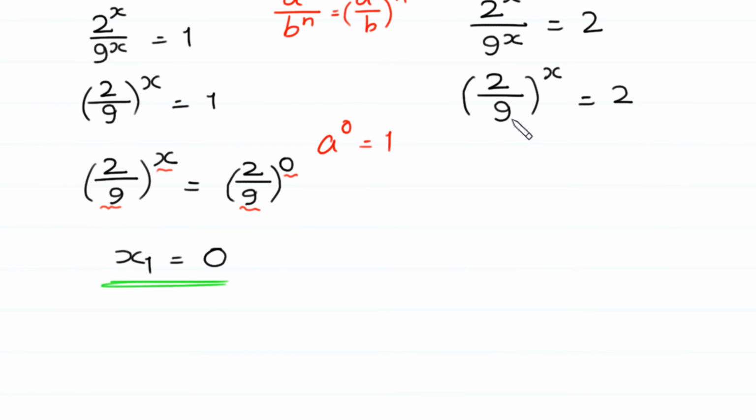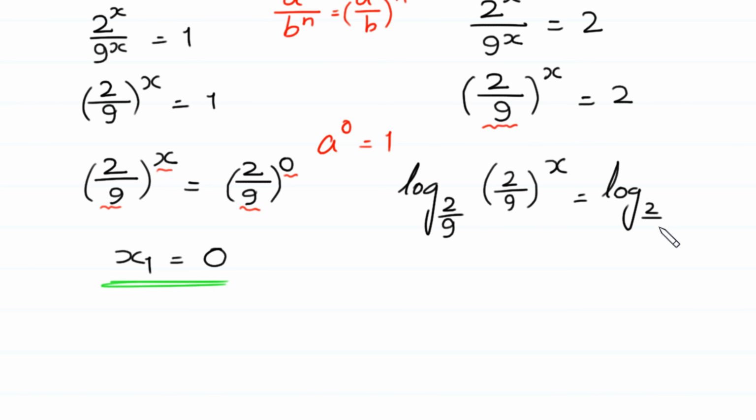Now because at the left side we have base 2 over 9, so we take log base 2 over 9 of both sides. Log base 2 over 9 of 2 over 9 to the power x is equal to log base 2 over 9 of 2.